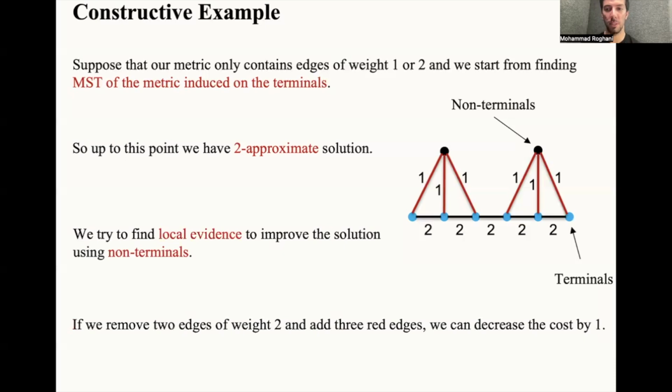For example, in this graph, if we remove two edges of weight 2 and replace them with the 3 red edges of weight 1, we reduce the cost of the Steiner tree by 1. These local evidences are enough for us to show that we can actually get better than two approximation. So all we need is to find these local evidences.